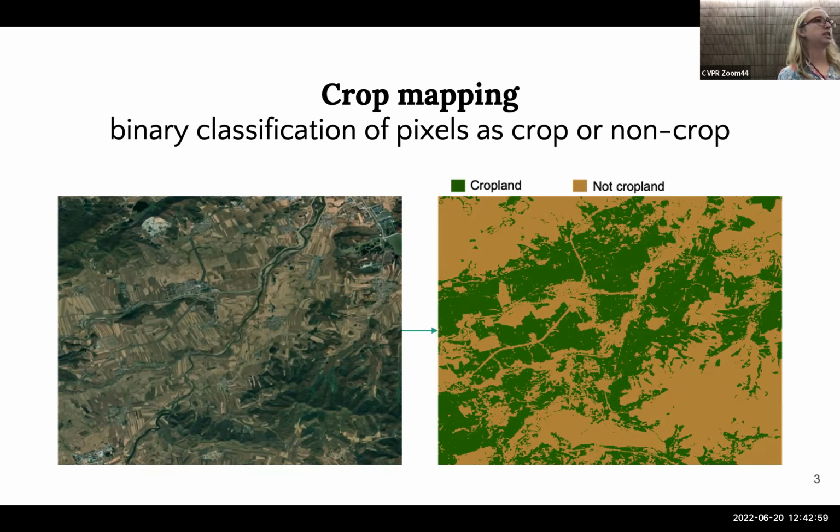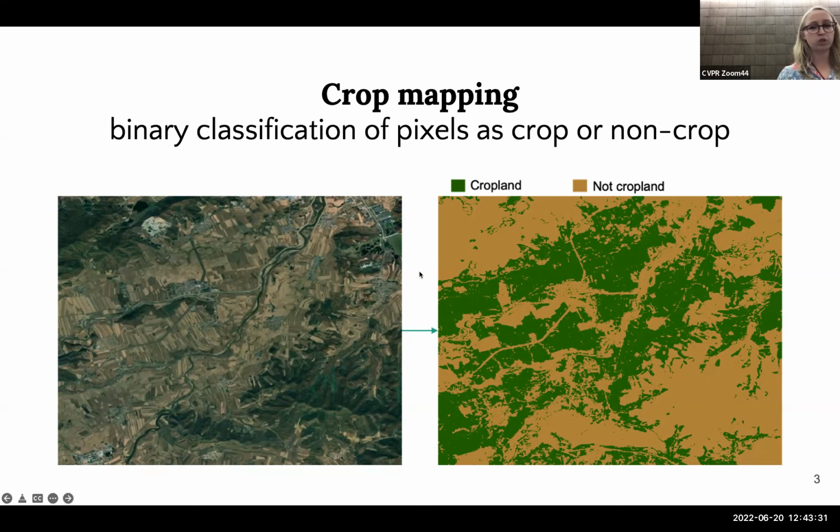Sometimes you might also see this as land cover classification, which would be classifying multiple classes like water, buildings, agricultural fields, forests, etc. But usually when we're talking about crop mapping, we're talking about this binary setting. So we input some satellite data and out we get a classified map where we're distinguishing between pixels that contain cropland or do not.